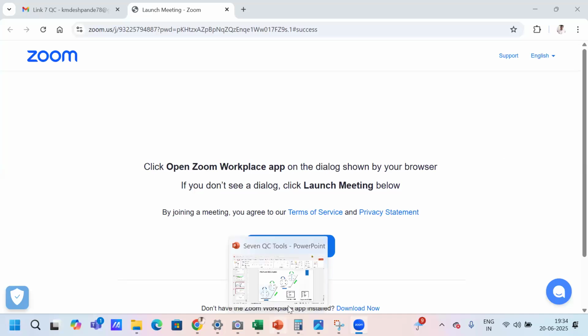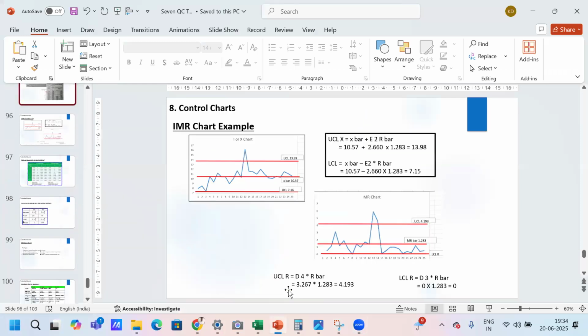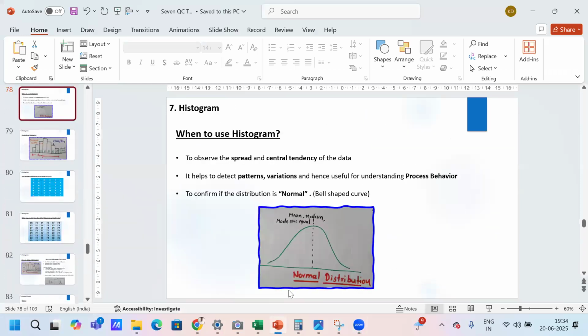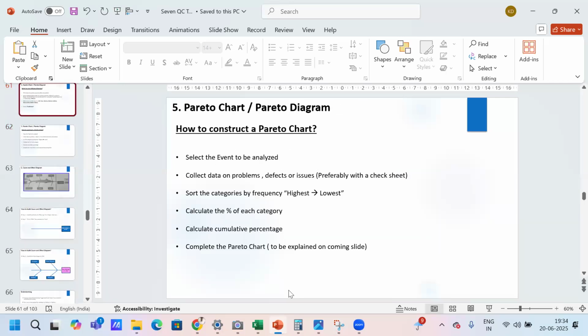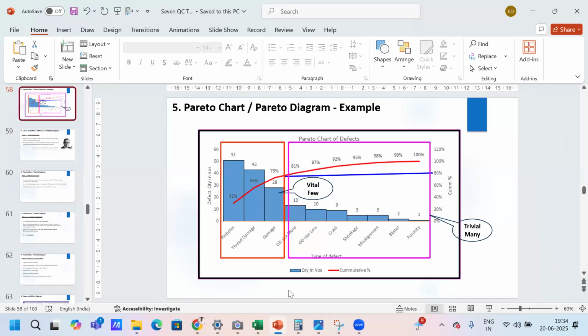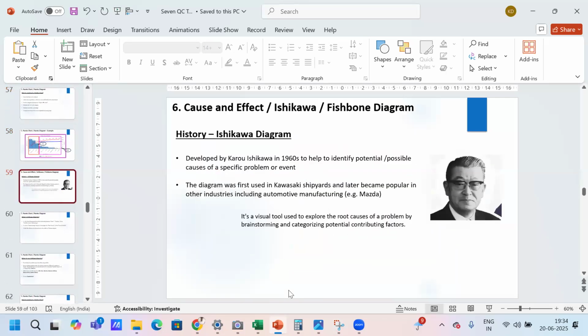Visible. Okay, so can we start because it is already delayed? Sure, sir.